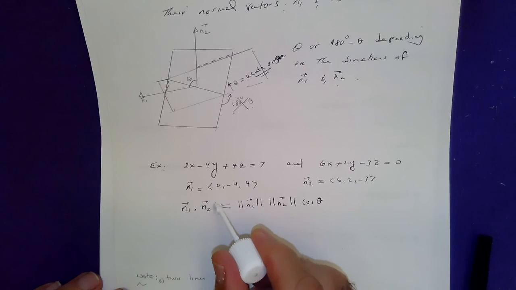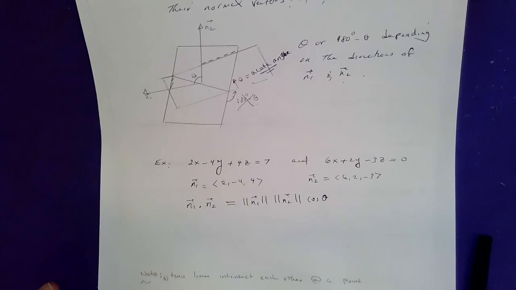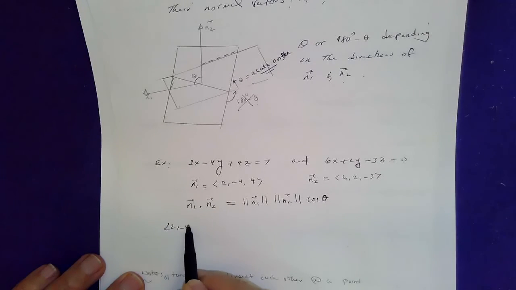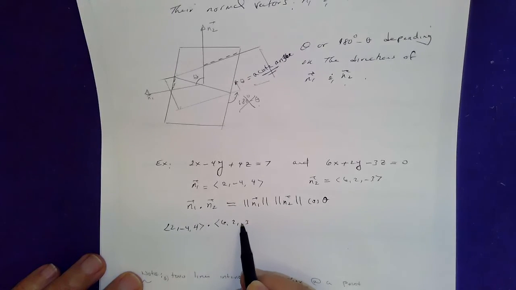That's the alternative definition of the dot product of two vectors. So what you do is you take 2, -4, 4 dotted with 6, 2, -3, is that right?